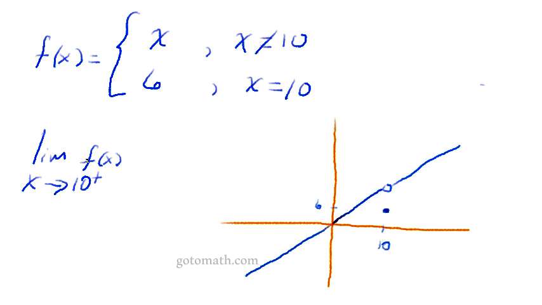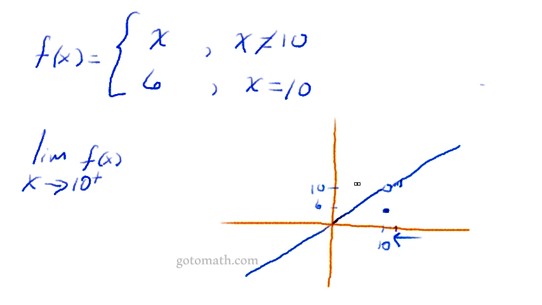Now we're asked to find this here. So we're coming in to 10 from this side, the right hand side. And that means that when we take numbers and plug them in, as you can see, we're actually moving along the graph up here. Okay, we're moving along the graph. And what did we say that this was approaching? We plug 10 in, we get 10, or I shouldn't actually, we don't get anything because it's not defined at 10, but I'm just going to tell you where this dot's at.